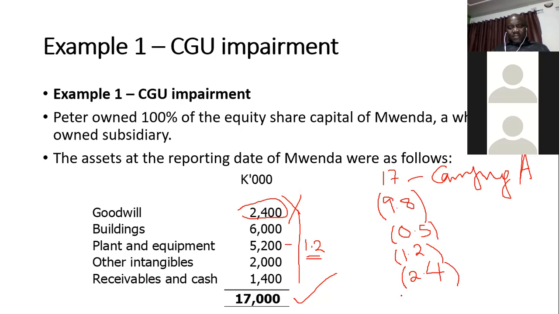So how much do we get? Which one are we calculating? The 17 less that. 1.8, 1.2, 2.4.